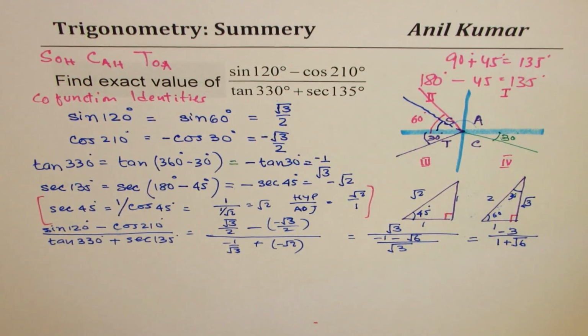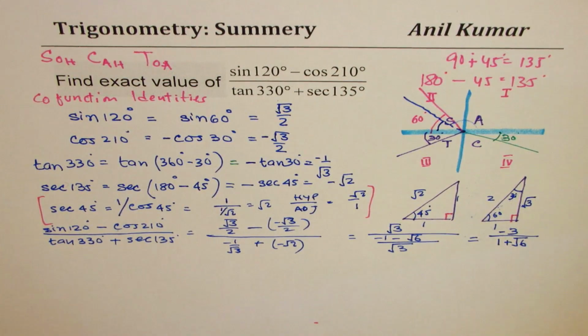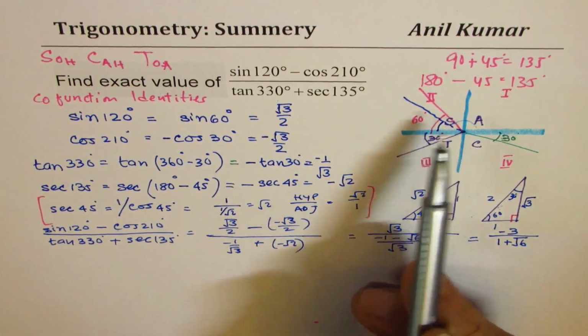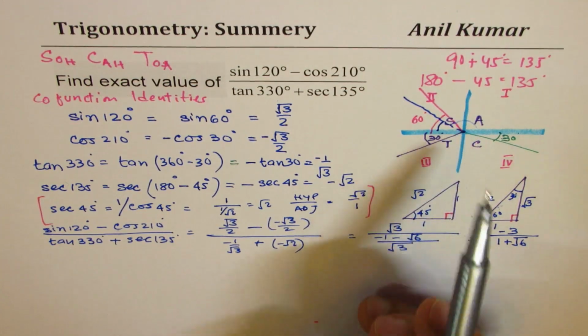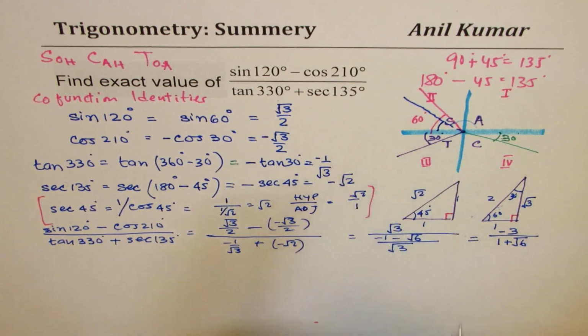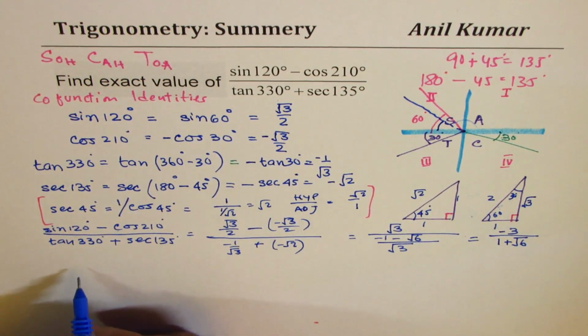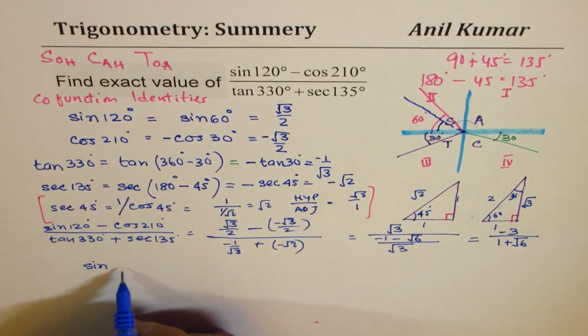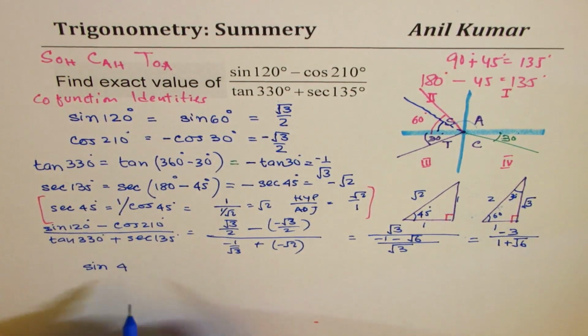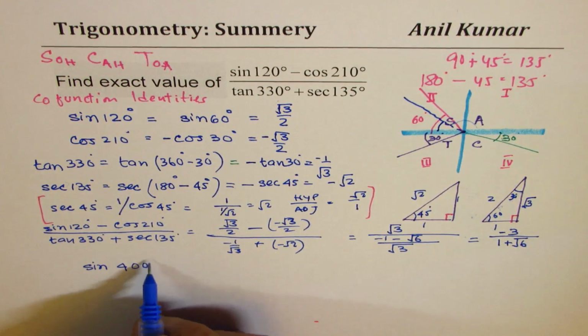So let me summarize that in this part of the video, we have learned about all trigonometric ratios when angle could be anything, right? So we could have any angle. So you also understand now, since sine and cosine are circular functions, if I write sine of, let us say, 400 degrees, right?